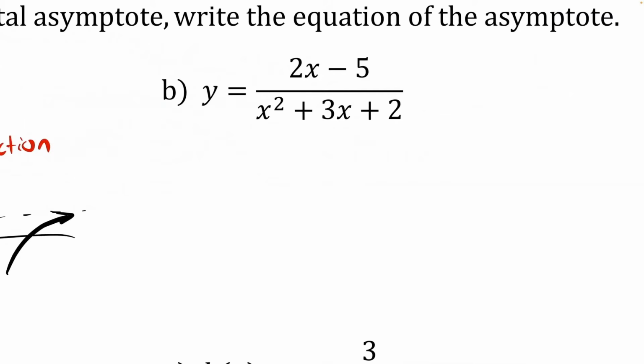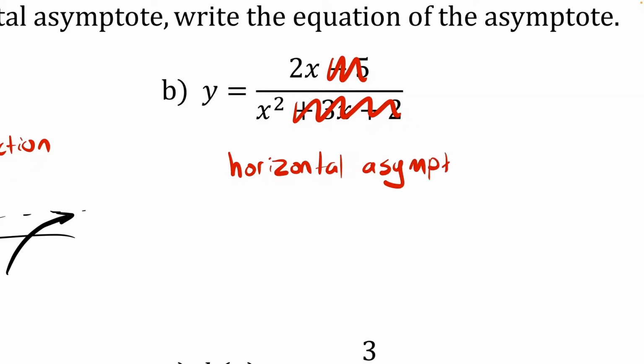All right, on B, what do we have? 0. This is going to be a horizontal asymptote of 0. So we'll say horizontal asymptote. Do you guys know how to pronounce this word? Who thinks that they can do it for the class?